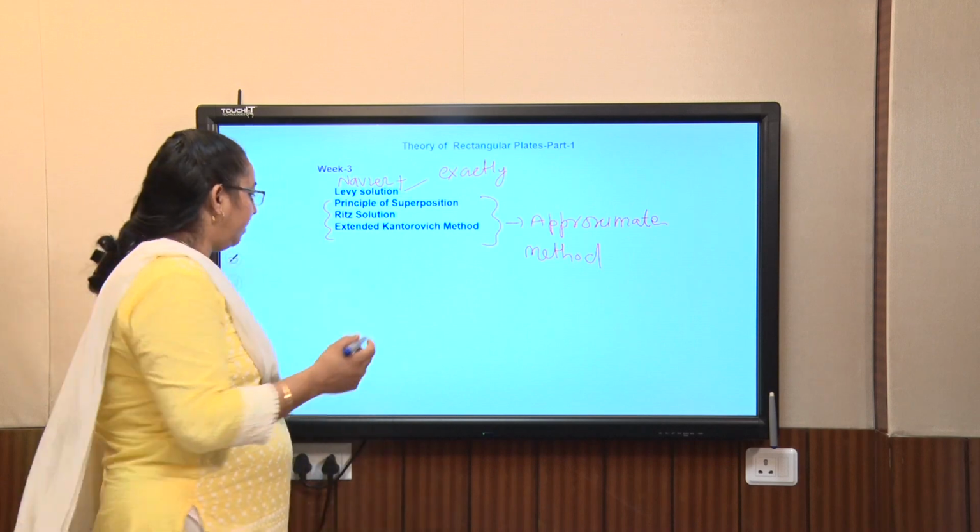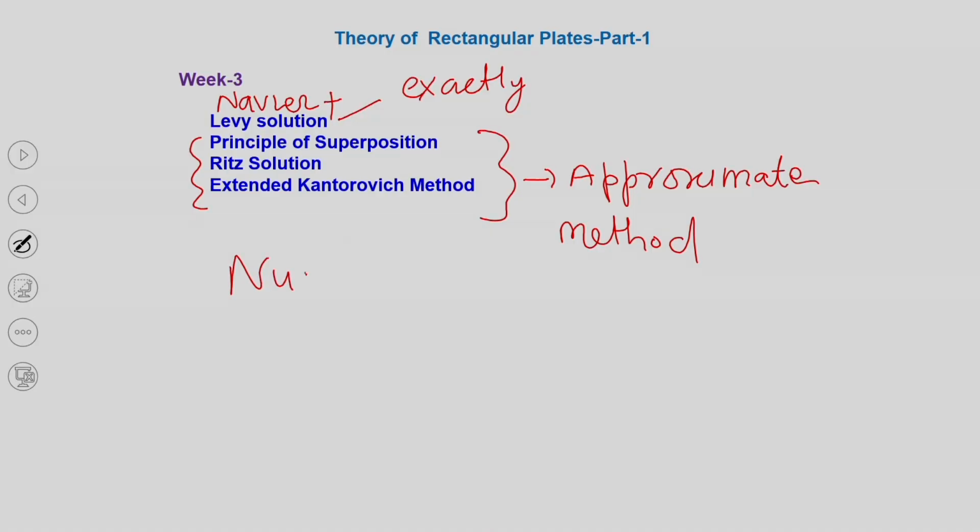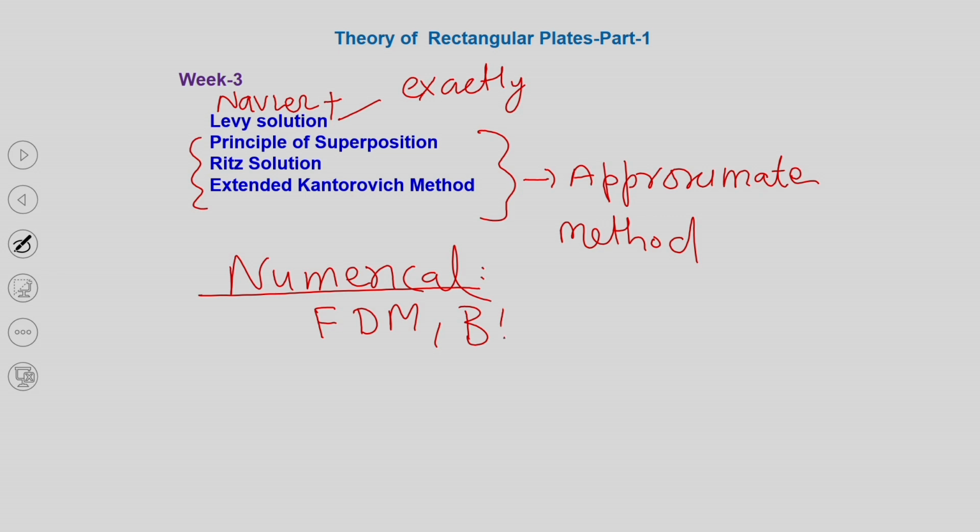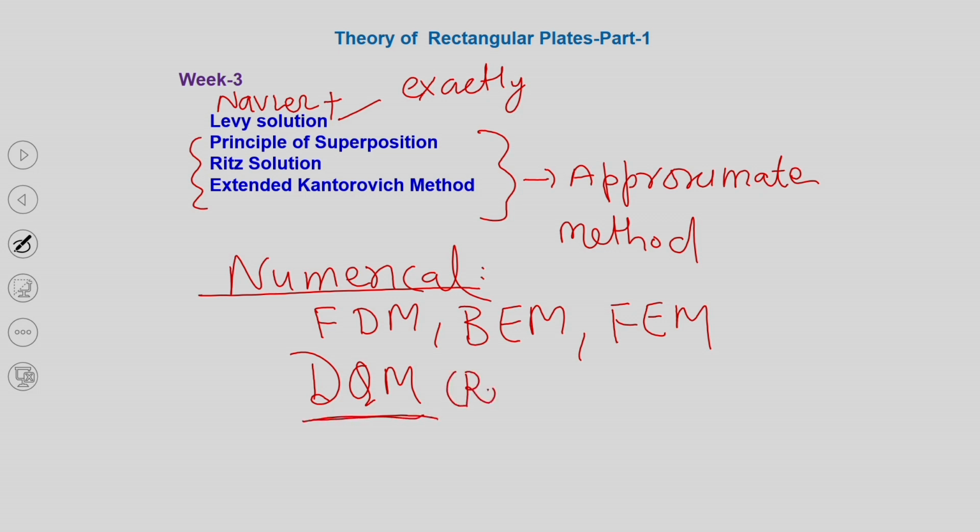Then another option is numerical solutions. There are a number of numerical techniques like FDM, finite difference method, BEM, boundary element method, then FEM, finite element method. Then recently DQM, differential quadrature method, very recently developed.